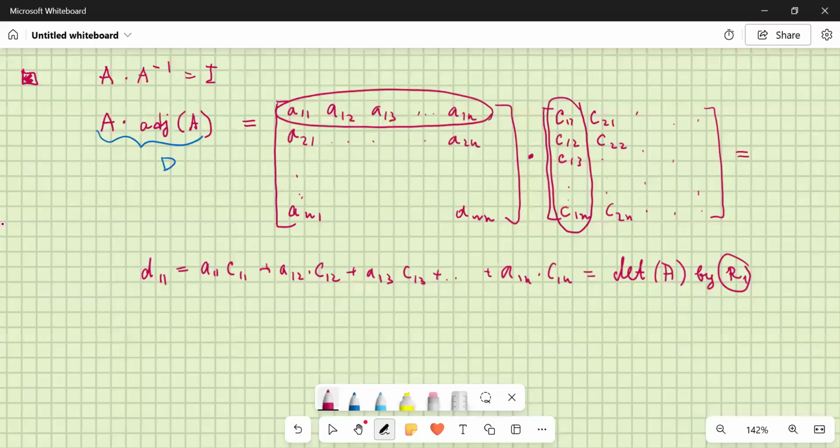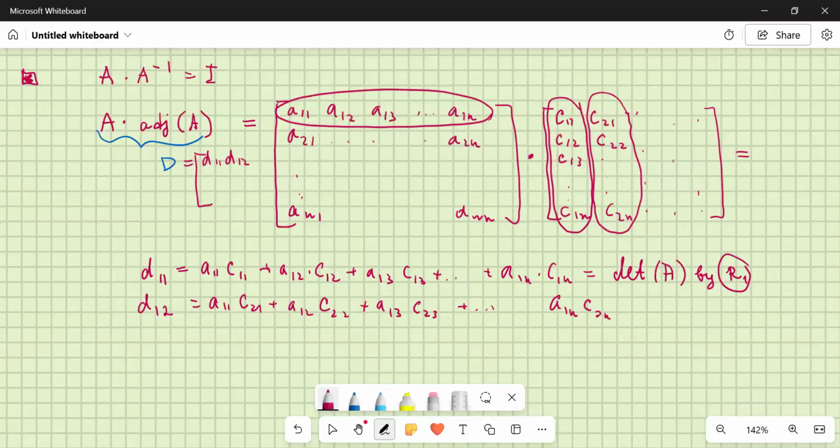Now, what if I want to calculate the next element of my matrix D? My matrix D consists of some elements, D11 and D12, for example. Next one, D12. I'm still going to have my first row, but I'll need to multiply it by the second column, right? And I'm going to have a11 C21, a12 C22, a13 C23, and a1n C2n.